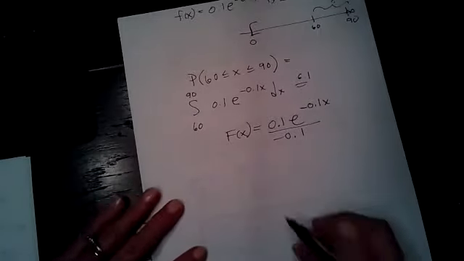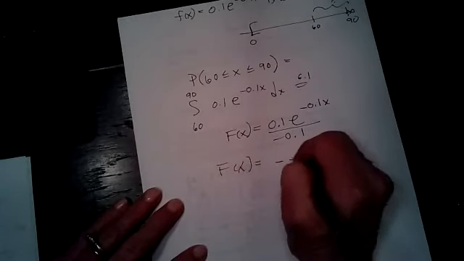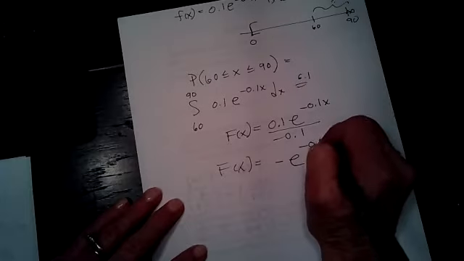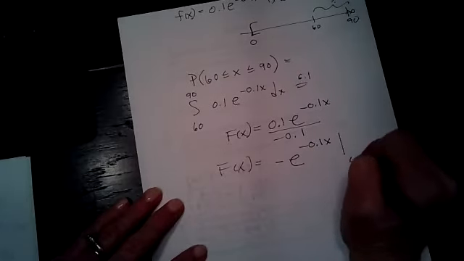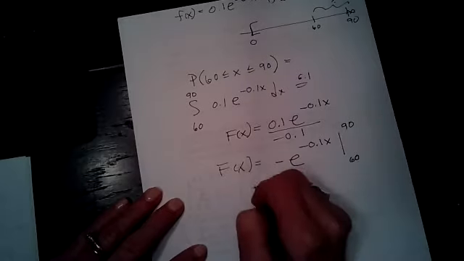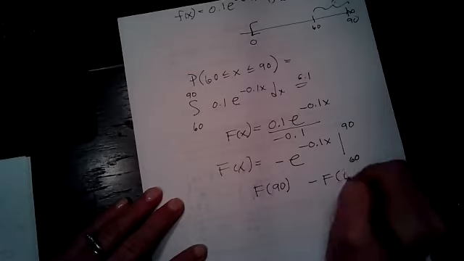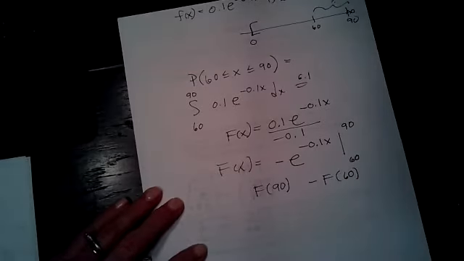I think it's easier to call that negative e to the negative 0.1x from 60 to 90. So f of 90 minus f of 60. I'm going to do that on my calculator.